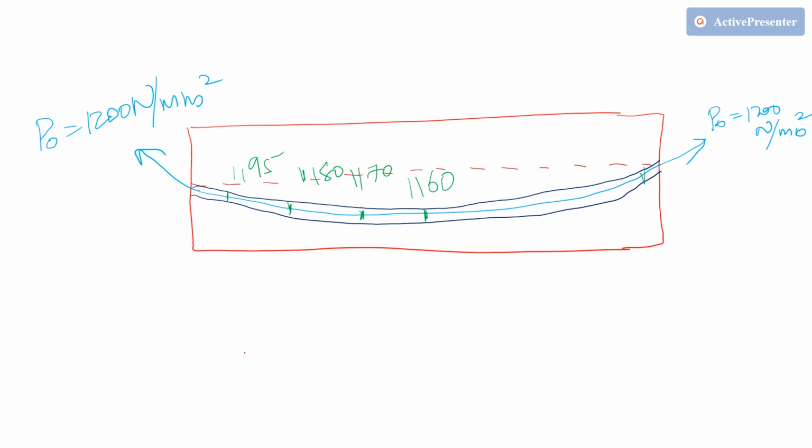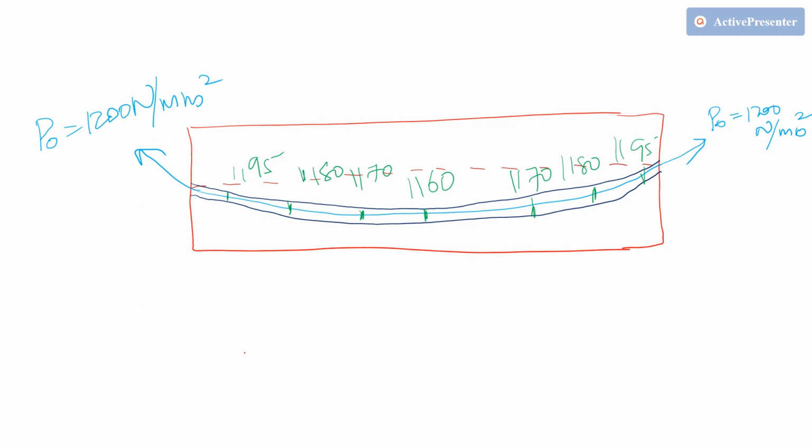Similarly here I'll be having 1195, here 1180, here 1170, and here 1160. So this reduction will occur, and this reduction due to friction is called your friction loss.